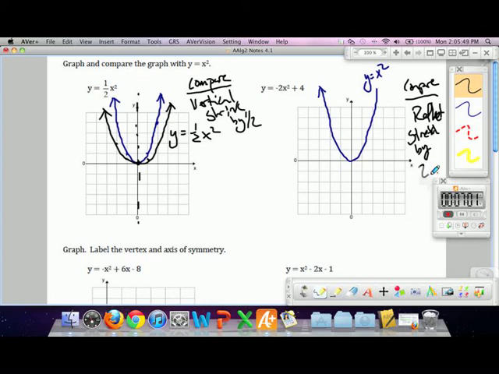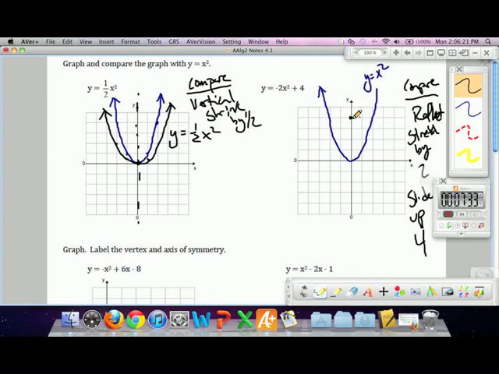So we're going to slide this up by 4. So my new graph should look like the original slid up 4. It's upside down, it's been reflected, and it's stretched out by a factor of 2.